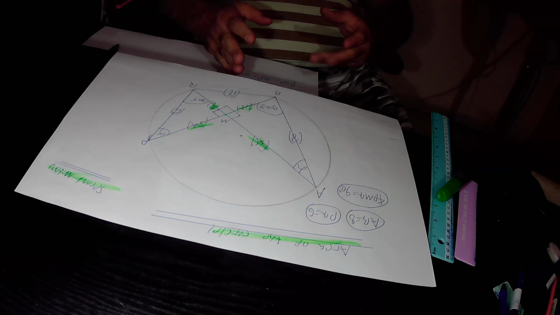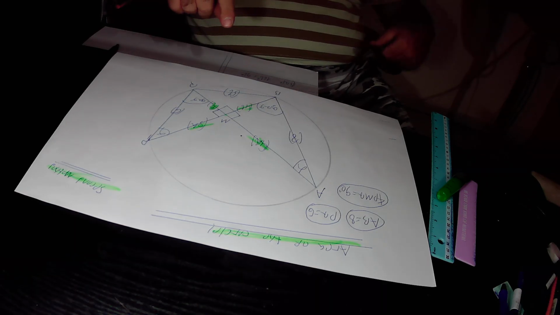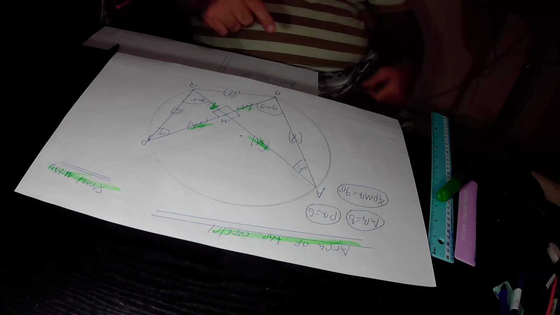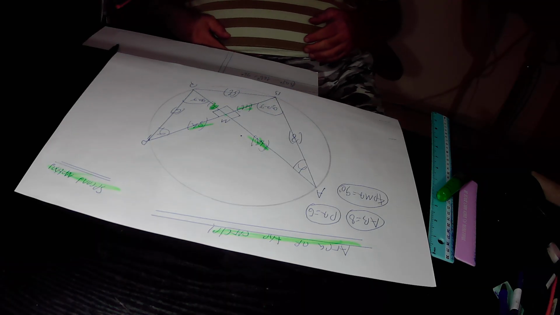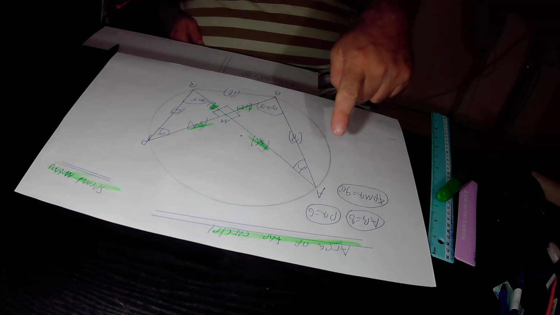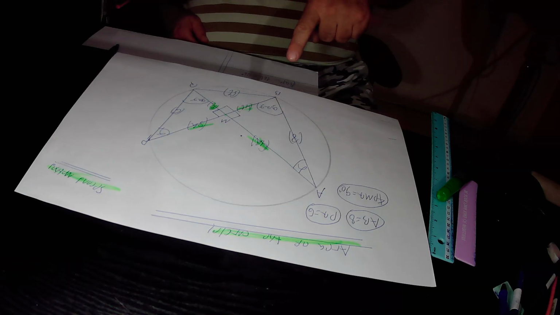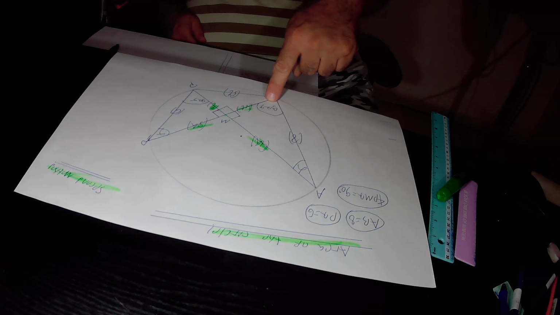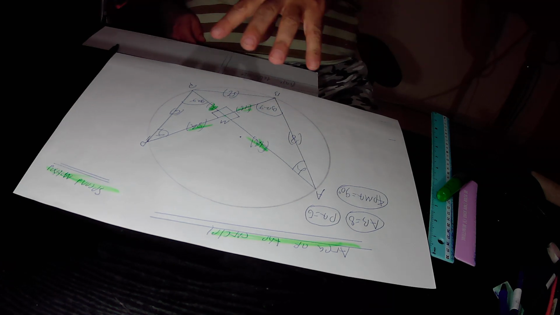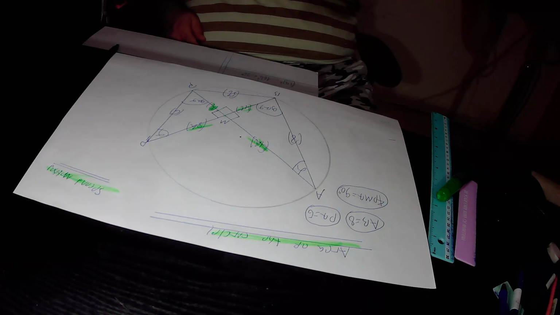Therefore, we can definitely implement the law of sines in this triangle ABQ. According to the law of sines, AQ over sine angle ABQ equals 2R. And R is the radius of this circle that circumscribes triangle ABQ.